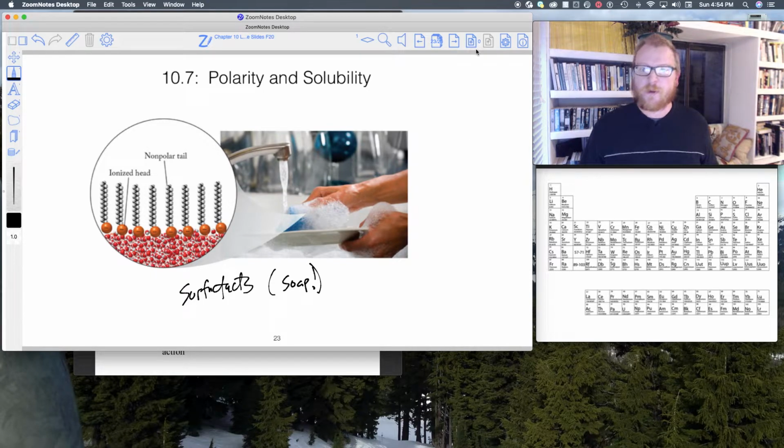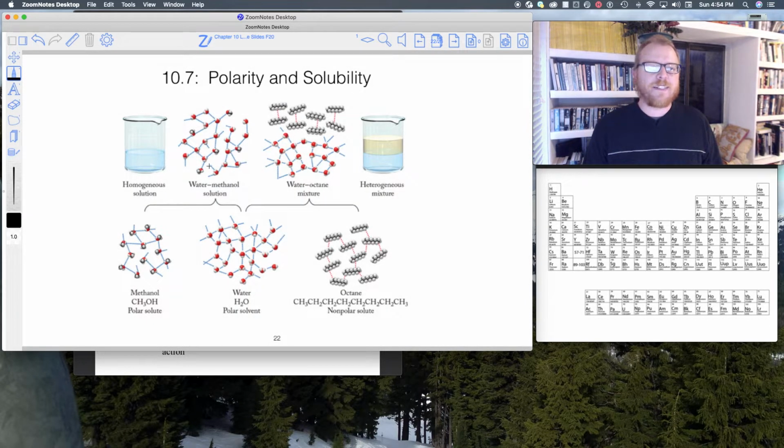So when you have a molecule that contains both of those functionalities, it works really well as a detergent or as a soap. Okay? And so where this is connected to solubility, so if we imagine, let's say, a water methanol solution. Okay, we know water looks like this. Okay, methanol, on the other hand, looks like this. So meth being 1 carbon.